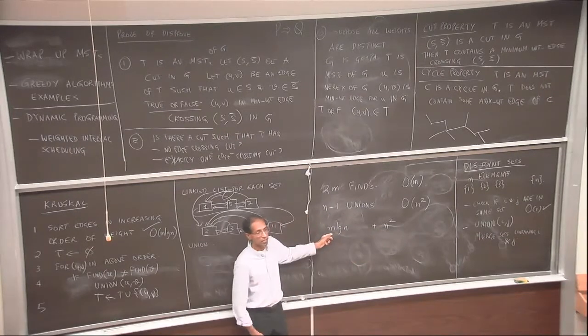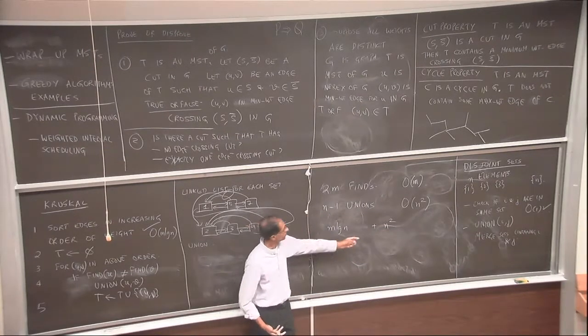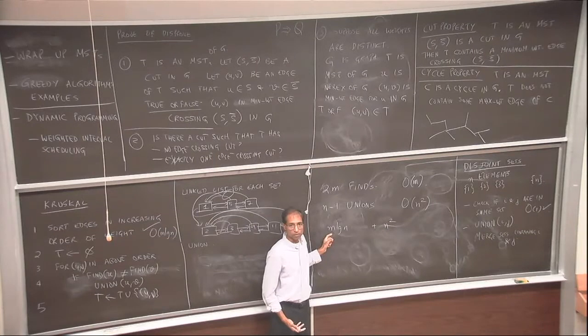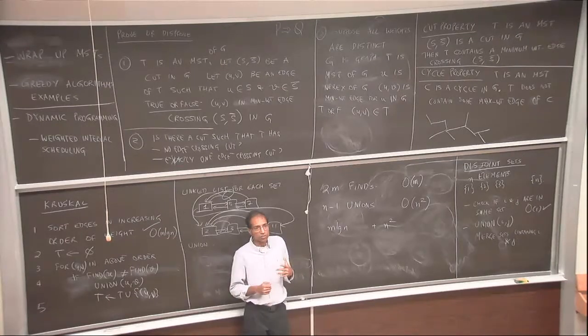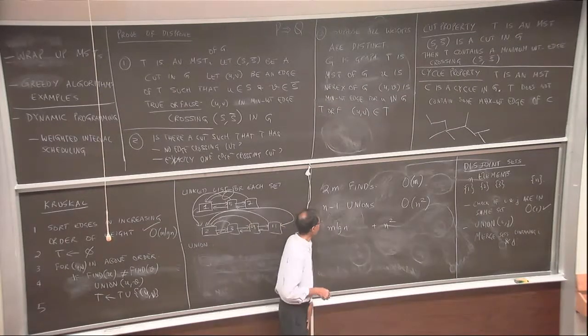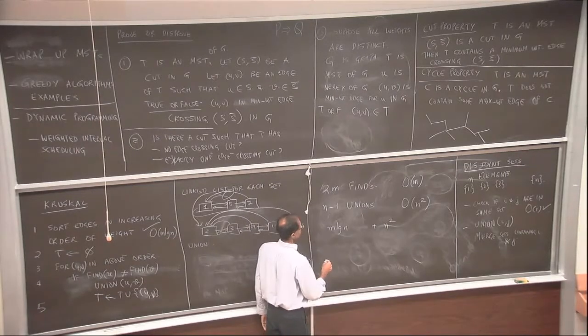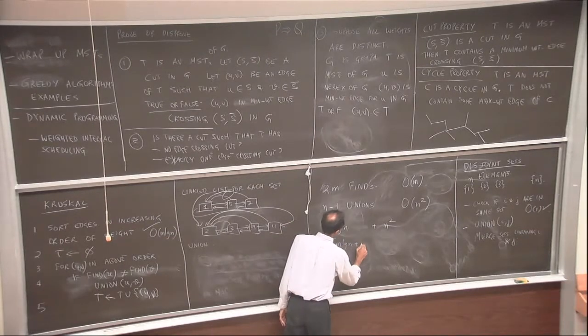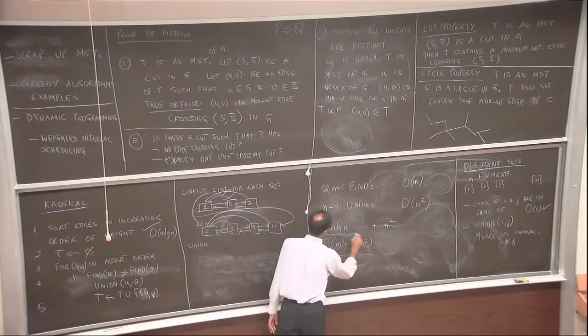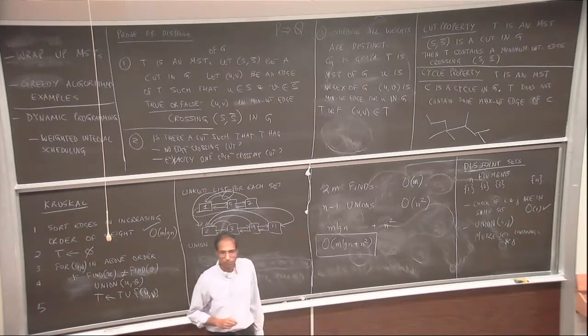But if a graph has very few edges, then this could dominate this, because the graph could have just a linear number of edges. In fact, most real world graphs do not have n squared edges. That's way too many edges. Then this running time, you would simply read it like this. This is what we would say.